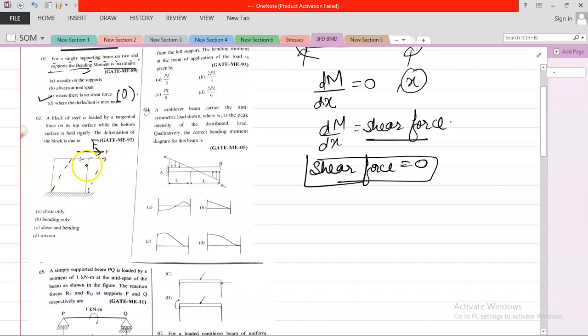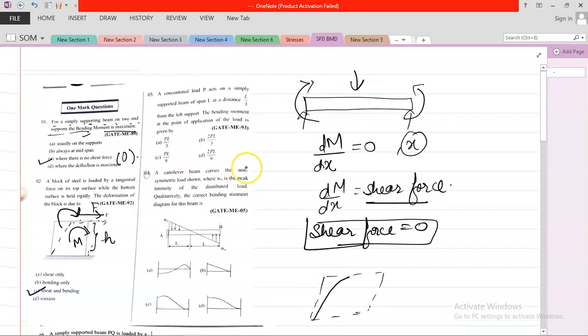But also the height of this block is so large that it will also tend to form a couple, because a force into the perpendicular distance is a couple, so that will cause bending also in the block. So you may see that this block deforms in the shear direction, and also since the distance is large, it will tend to deform like a curvature. So that means it deforms in shear as well as in bending.